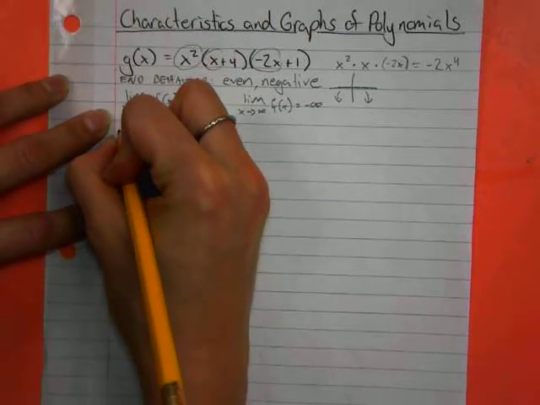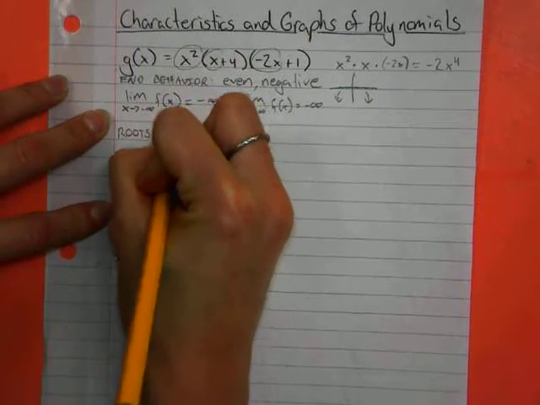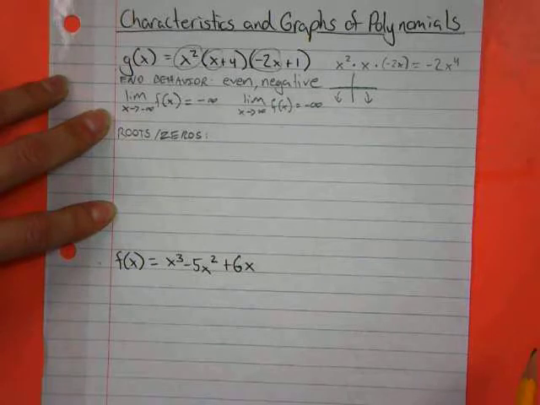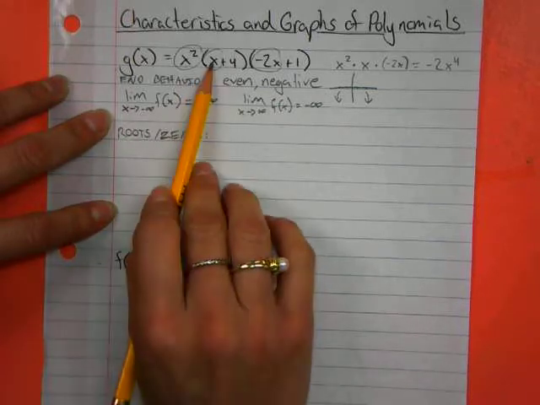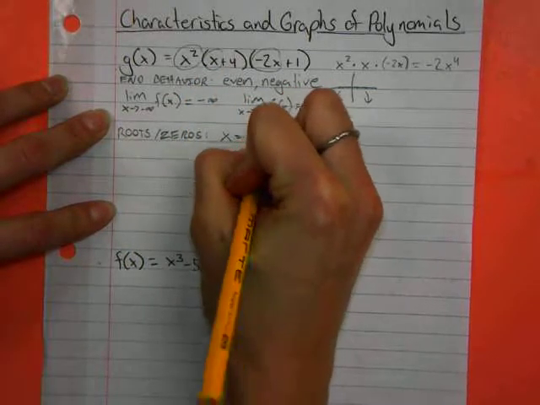For the roots or the zeros, let's think about that now. I already have it in factored form, which is helpful. So I want to think about which x values would make this equal to 0. So the one in the middle, if I had x equal to negative 4, that would cancel that out.